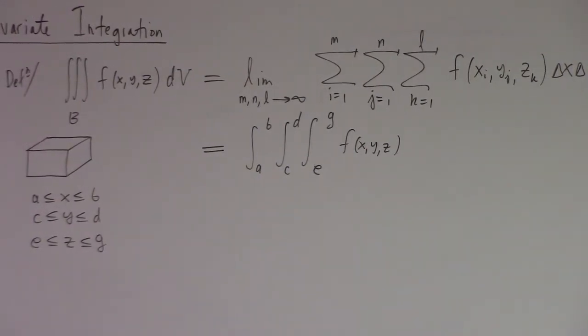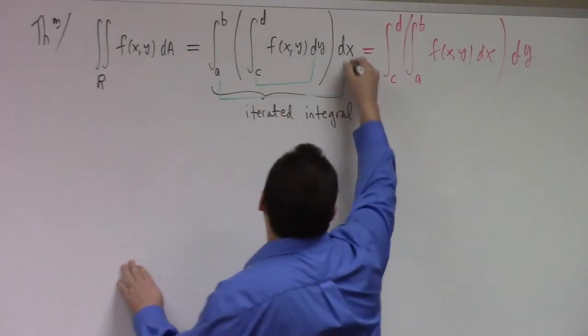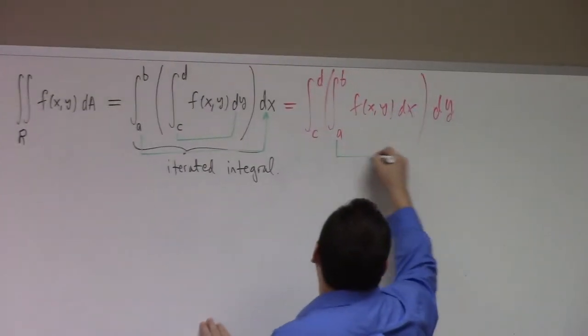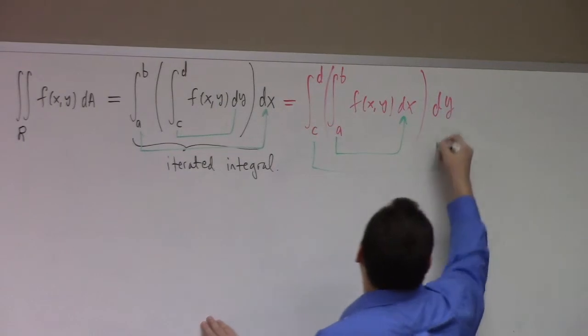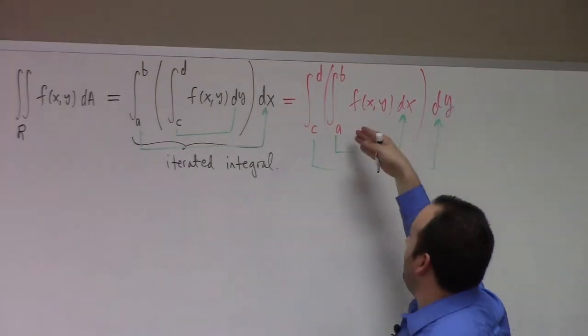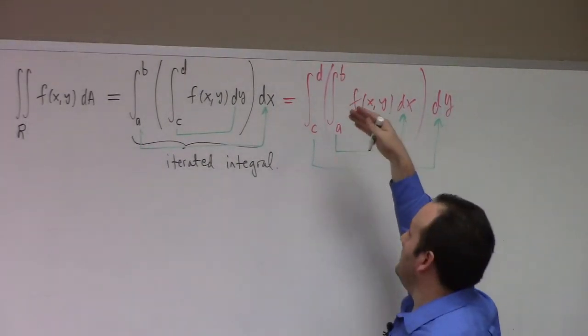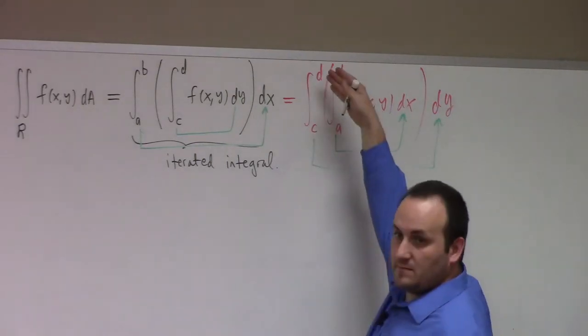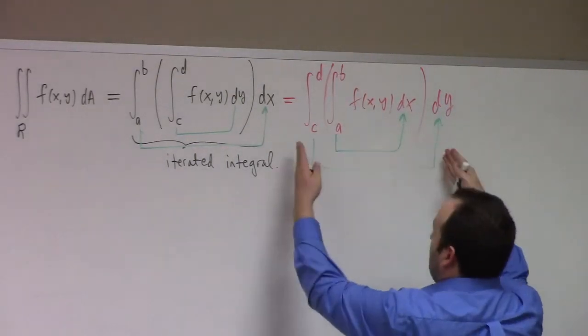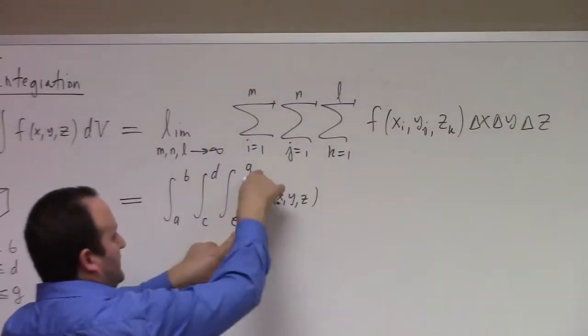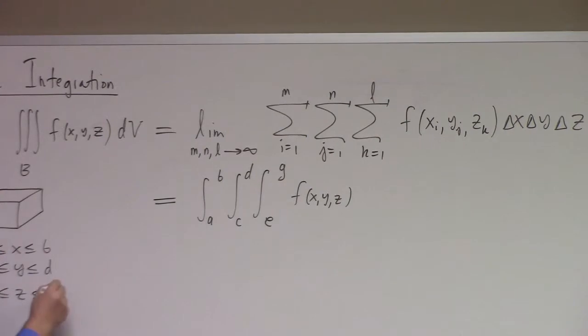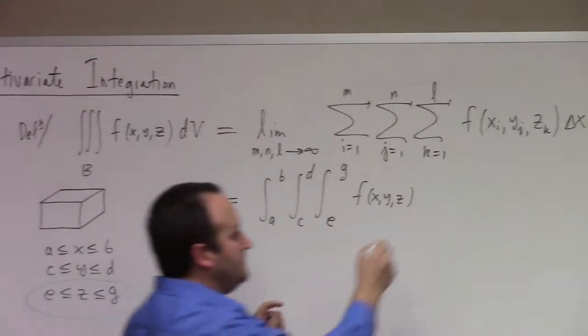You notice that it goes inside out. This gets paired with that, this gets paired with that. See, x goes from a to b, y goes from c to d. So that's why there has to be this linking. Same pattern over here: what do I have to do first? What goes from e to g? z, right? So I do dz.